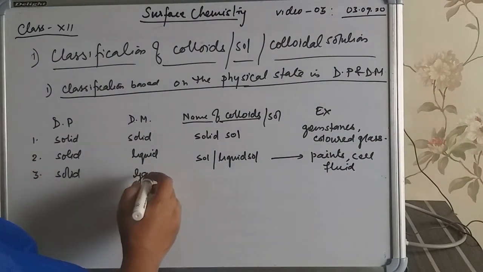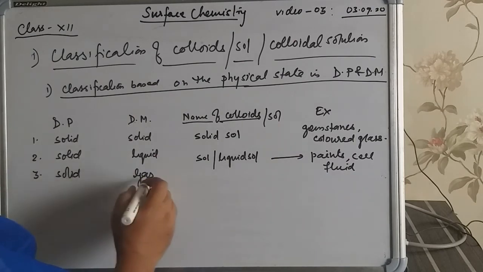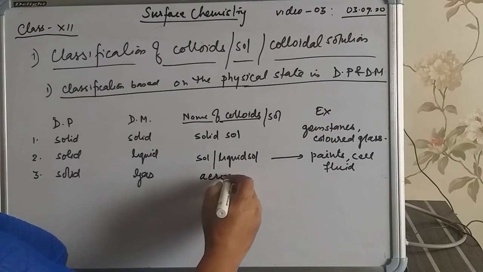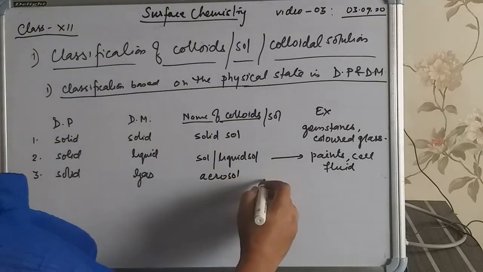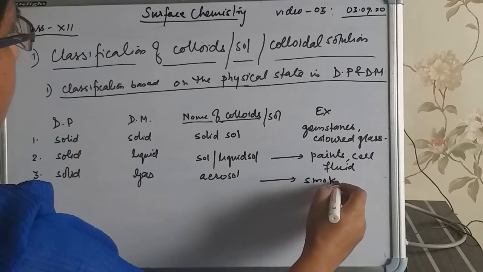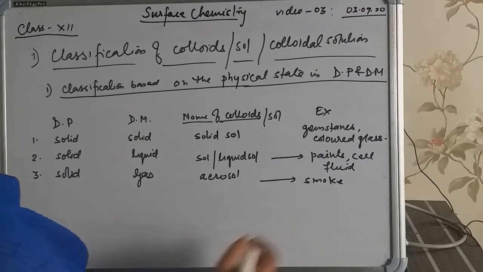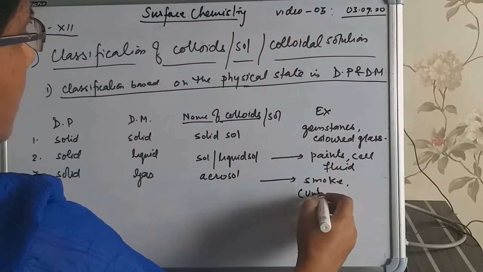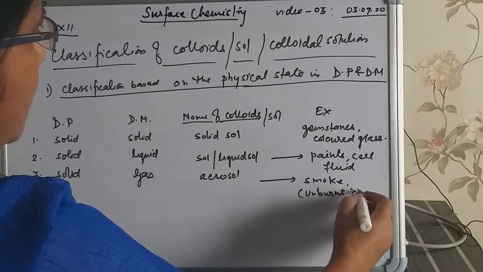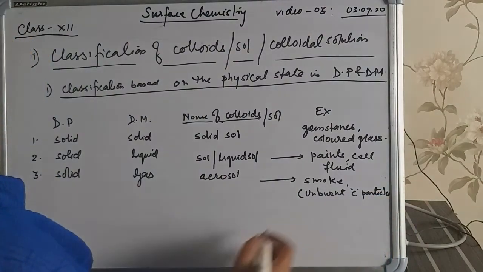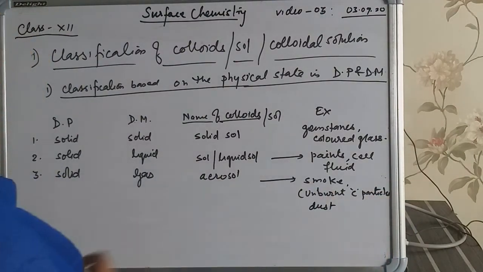Solid and gas: dispersed phase solid, dispersion medium gas. The name of the colloid is aerosol, and the most common examples are smoke, unburnt carbon particles, and dust also.